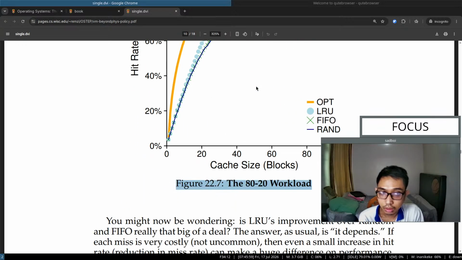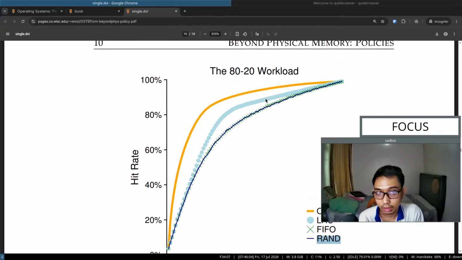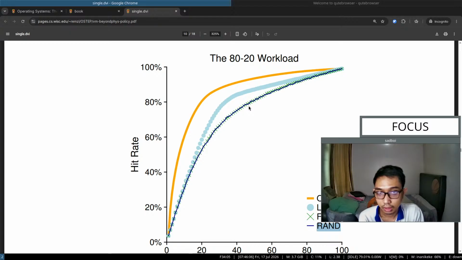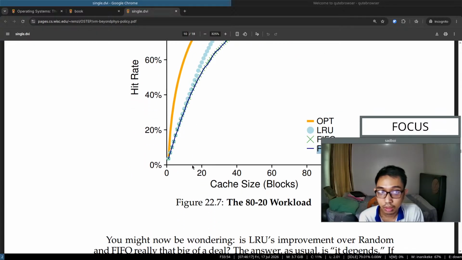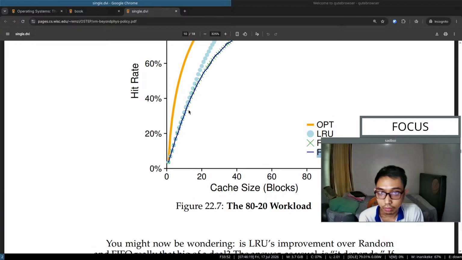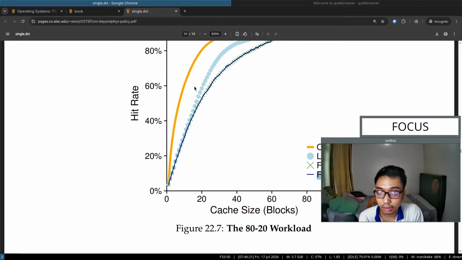Yeah, this is kind of interesting that in this graph at first, there's not much difference between the LRU, FIFO and random, right?